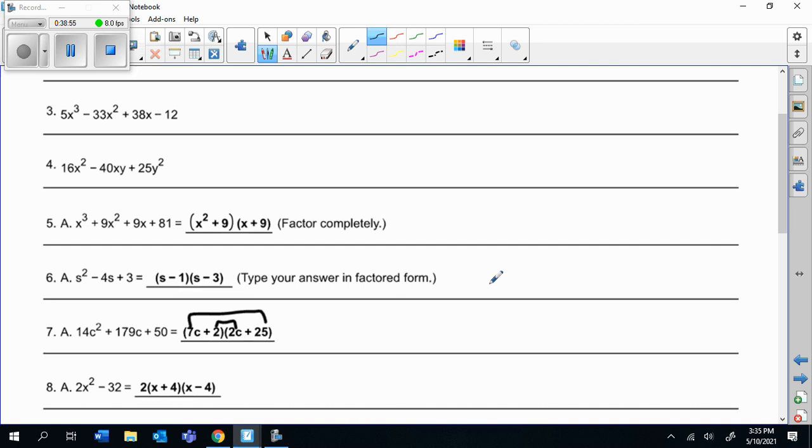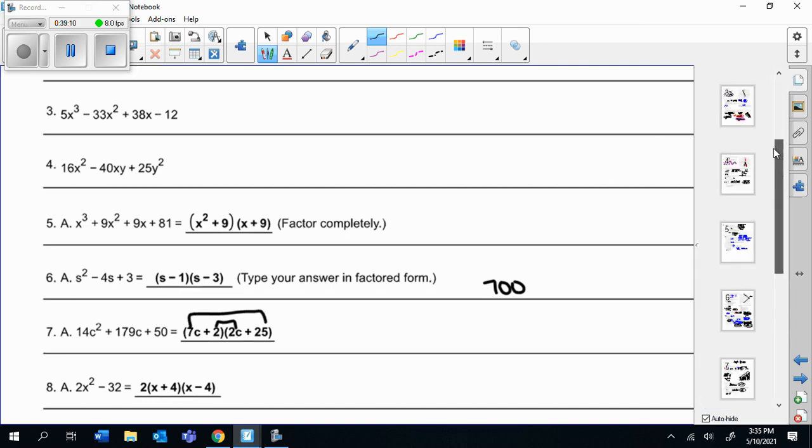So 700. Yeah, there it is. I never saw it. Okay, so that was super tricky for me. So sorry. Let me take us back to number 7 real quick.